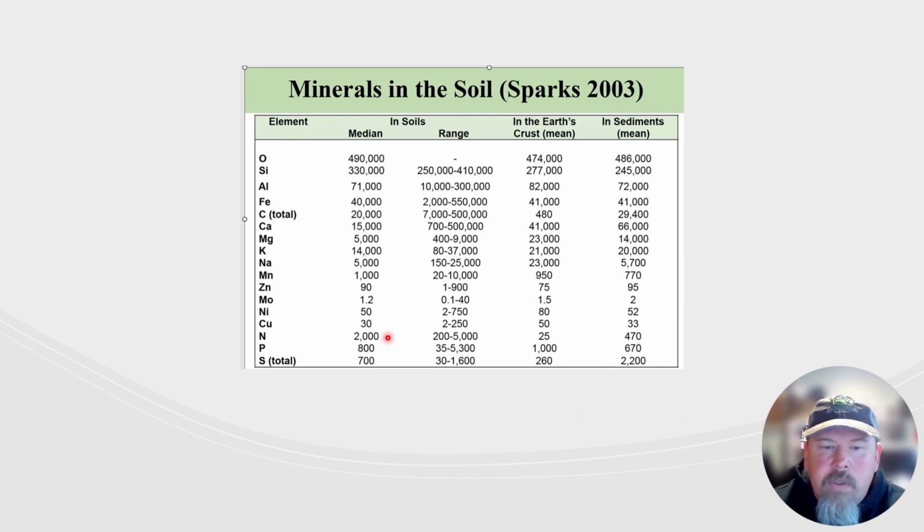The median was 2,000. Now, none of us are spreading 2,000 units of nitrogen on our crops or our food plots. Similarly, you look at potassium, the median's 14,000, and phosphorus 800.